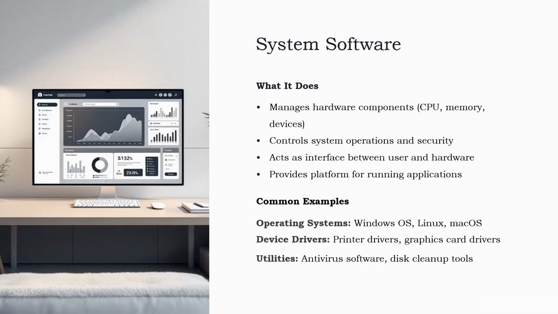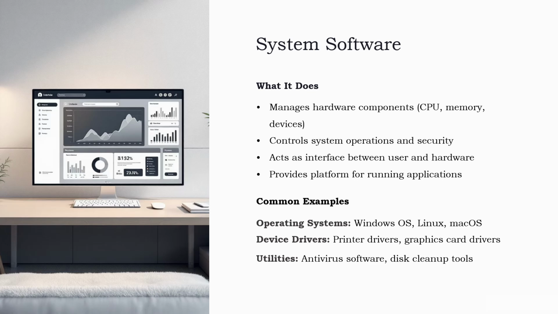System software works behind the scenes so that the computer operates properly. It acts as an intermediary between hardware and application software. Examples include operating systems like Windows, Linux, Mac OS, device drivers, and utility programs like antivirus software and disk cleanup tools.